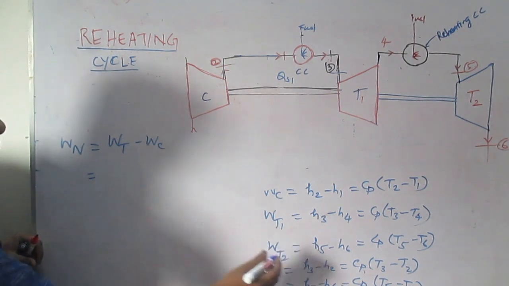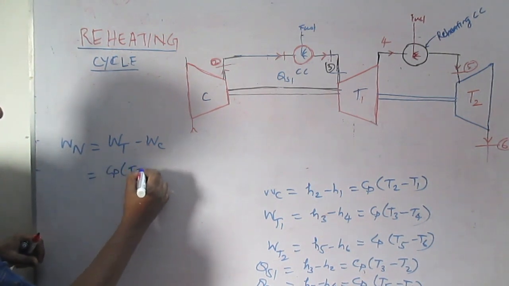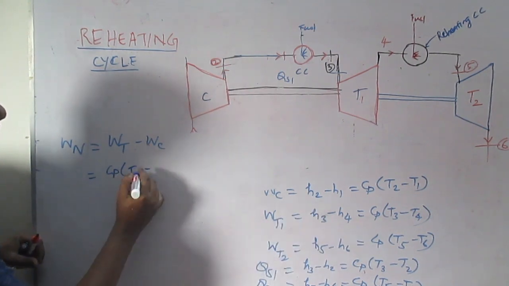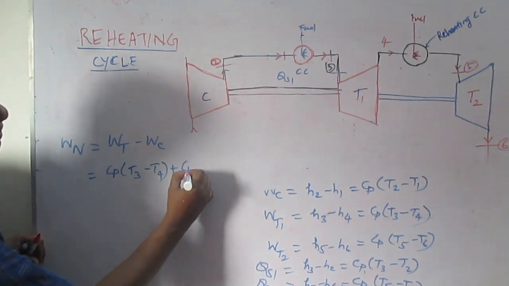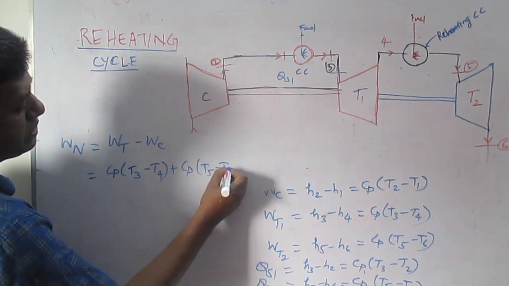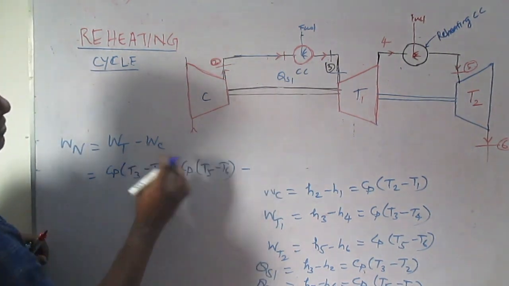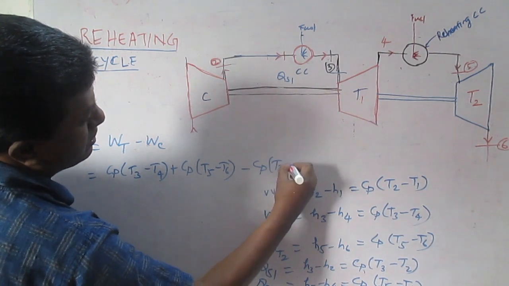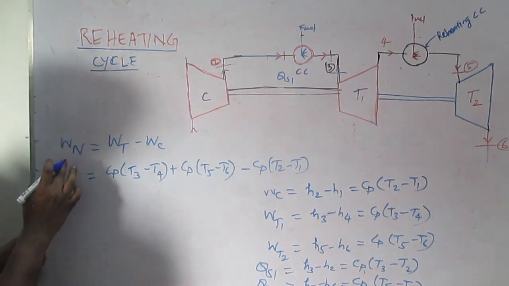So nothing but Cp into (T3 minus T4) plus Cp into (T5 minus T6), this is the total turbine work, minus compressor work, Cp into T2 minus T1. So based on this only we need to find this out.